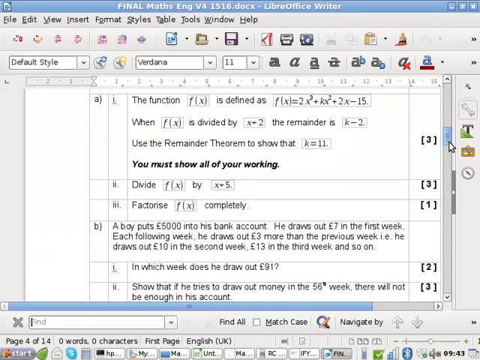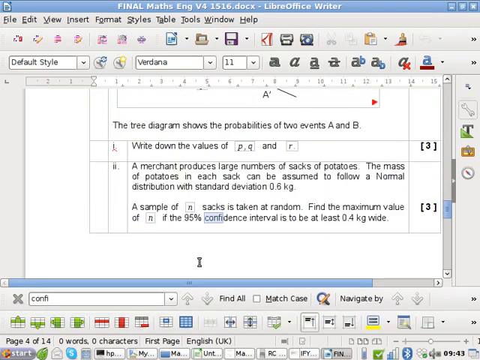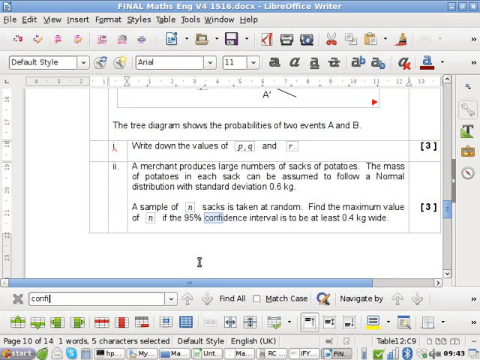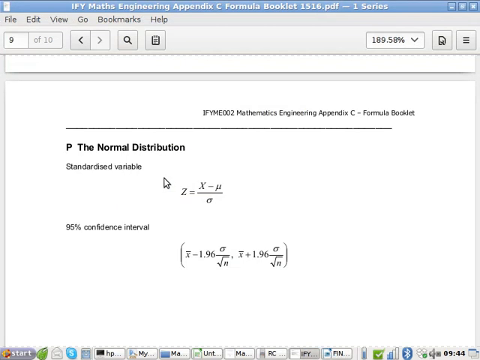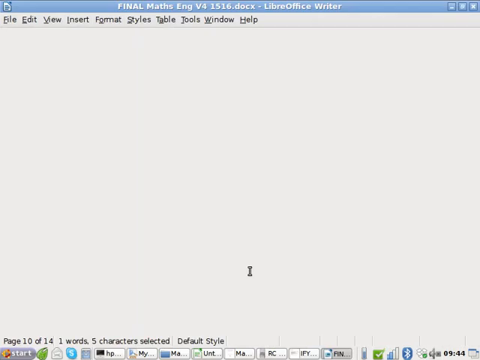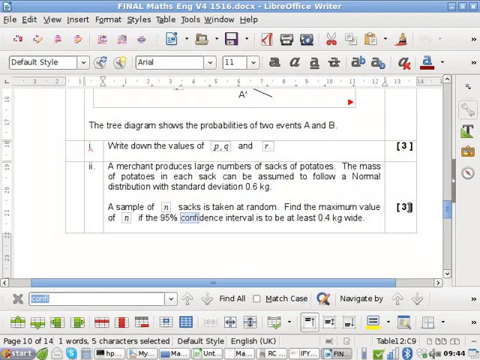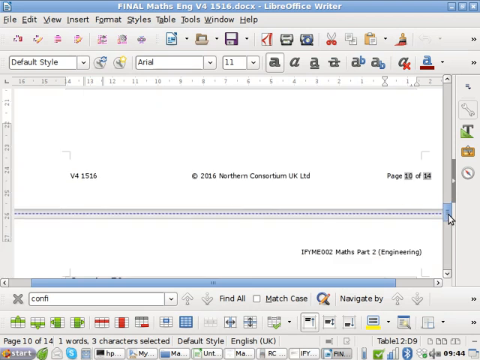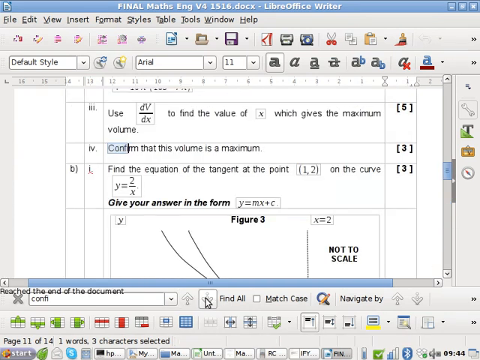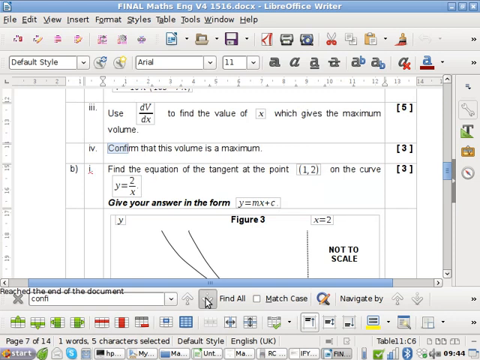I can just search confidence. There we go. So we want the confidence interval here. In fact, they don't even want the confidence interval, they just wanted the maximum value, I think. I'd have to look at the question, but I feel like they were just asking for this half of it. Anyway, the confidence interval, 3 marks. So that's okay.